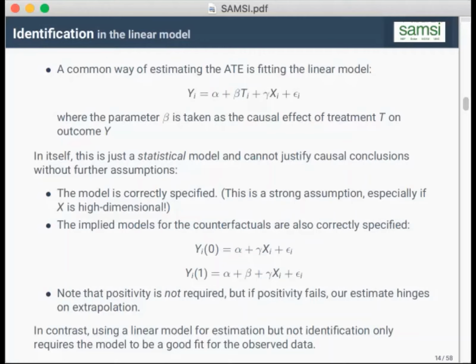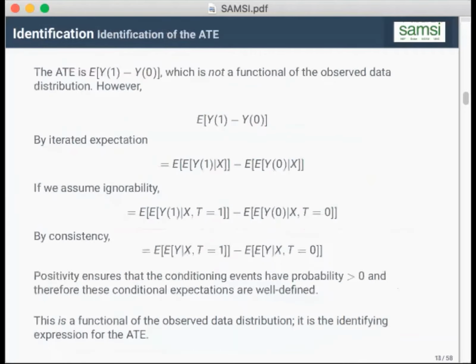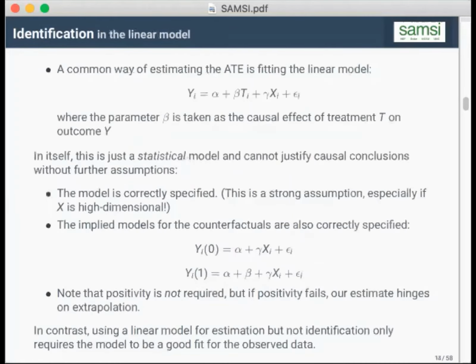In contrast, just using a linear model for estimation, for example, if I go back a slide, to estimate the conditional expectations in the very last line here, that only requires a linear model to be a good fit for the observed data. But using a linear model to identify causal effects requires it to be a true model for the counterfactuals.